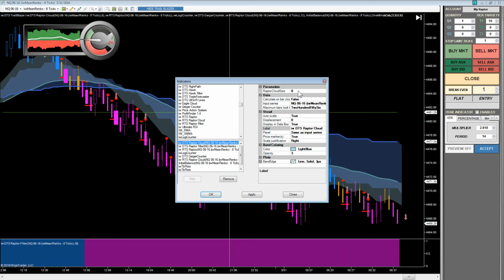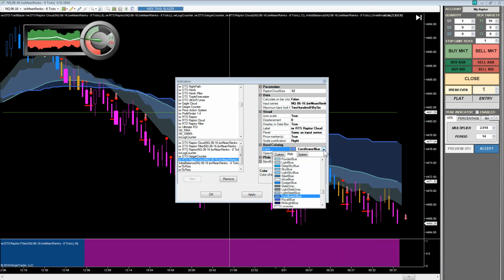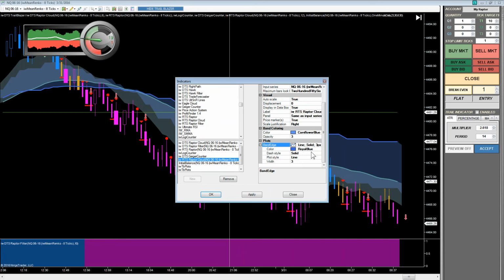I've changed the parameter of one to 8 ticks, and the other one is left at the default of 12, but you need to change the color of the band. So choose whatever color you want, so long as it's different from the stock color. And you also need to change your band color, your hard edge.